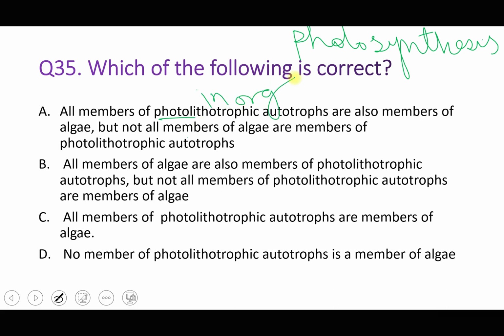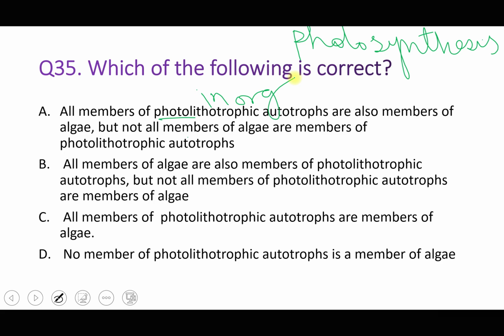So algae are photolithoautotrophic because they prepare carbohydrate in the presence of light, and the electron donor is an inorganic compound, in the case of algae the water molecule. The same is the case with plants. So photolithotrophic autotrophs include algae as well as plants.